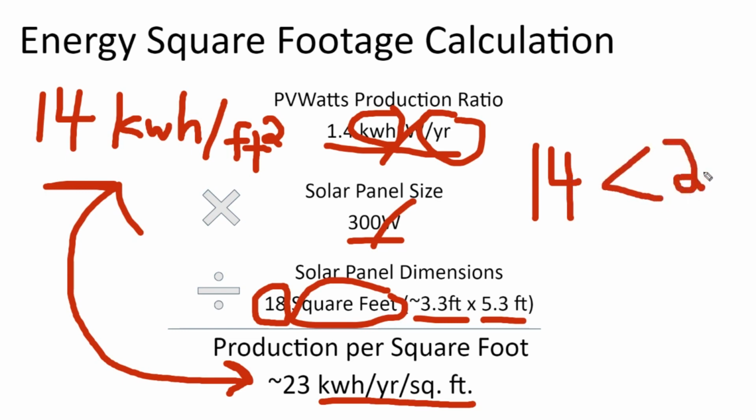Of course, every building's energy use will be different and site conditions can impact solar production, but the point is that solar panels can produce more energy per square foot than what an average building uses per square foot, and by a healthy margin.